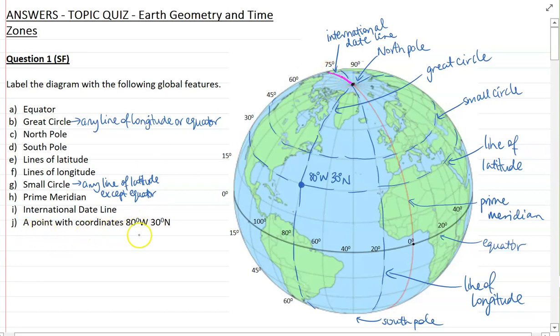And a point with coordinates 80 degrees west, 30 degrees north. So 80 degrees west, you're moving to the left of the prime meridian. So we get to 80 degrees west here. Then we go up to 30 degrees north. So there's 15, there's 30, so that gives us our coordinate on the Earth here.